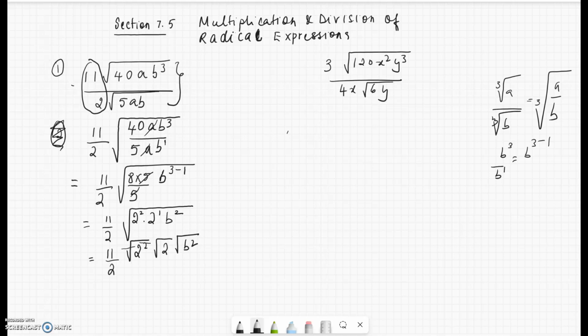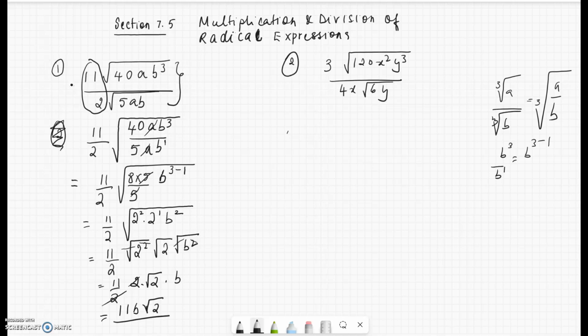The square root and the square cancel each other out, and we have 11 over 2, 2 times radical 2 times b. So we cancel the 2's and we get 11b radical 2. So when you see terms inside the radical sign, make sure you simplify it completely.